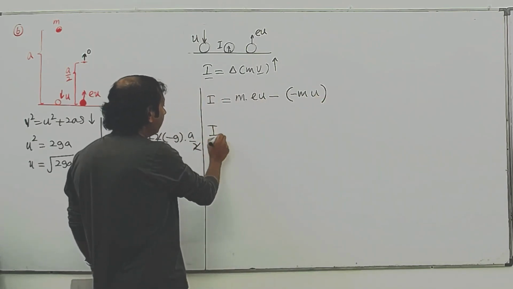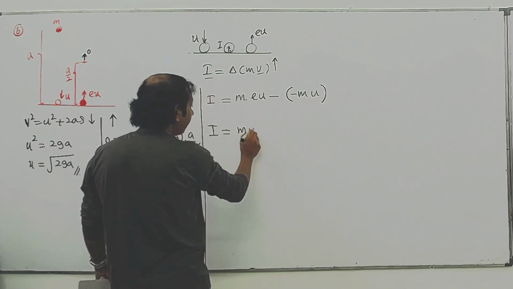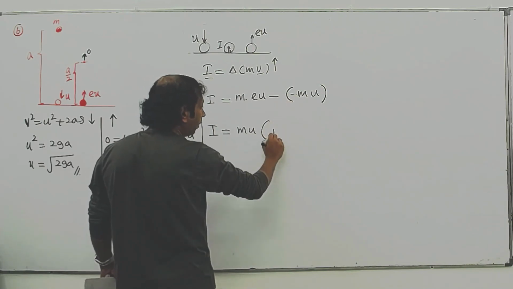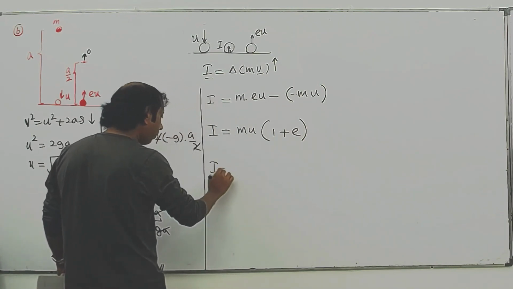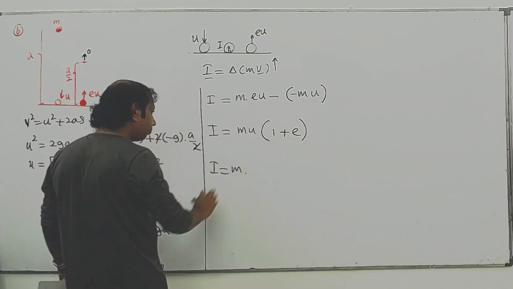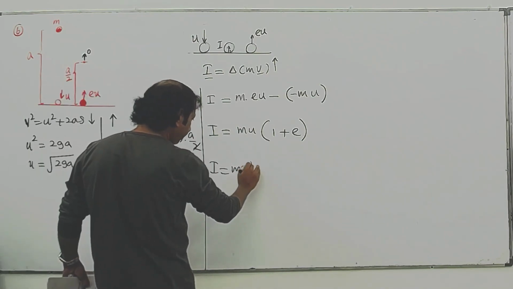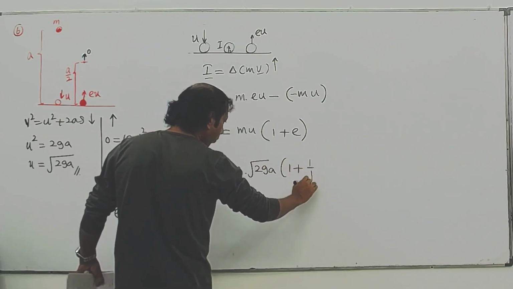Then I equals mu, taking it out, then minus minus gives plus 1, and here e. Now substitute for u, which is root 2ga, and e is 1 over root 2.